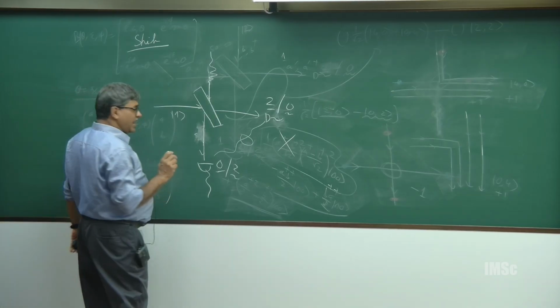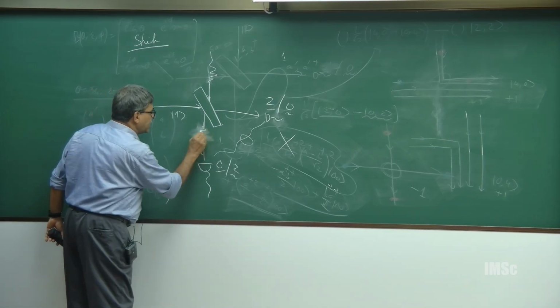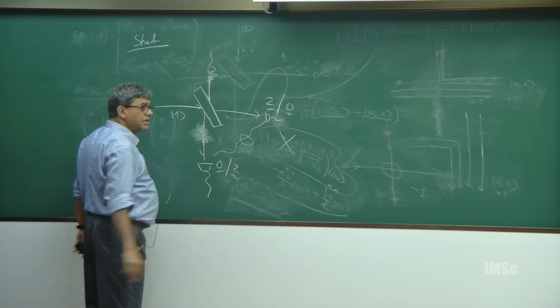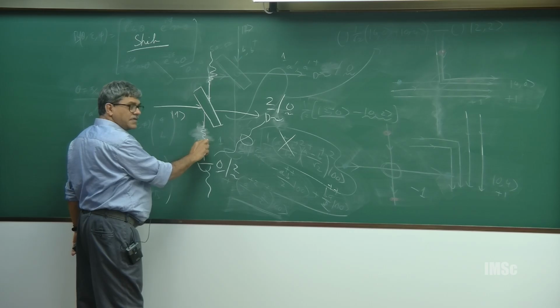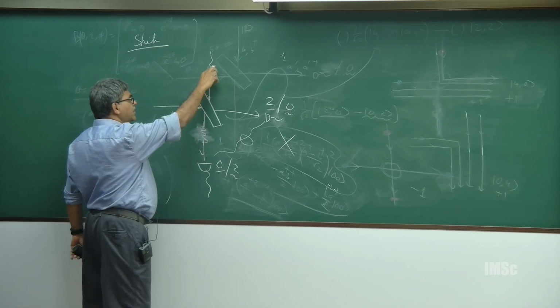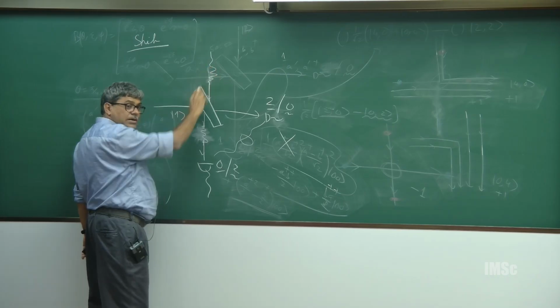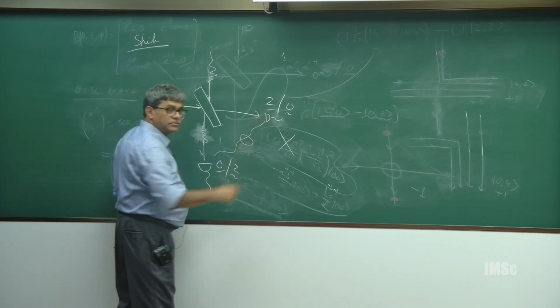But the point is, now I put another delay here, in this path. If I choose these delays in such a way, I think this delay will be double compared to this delay, then you will again see this effect.